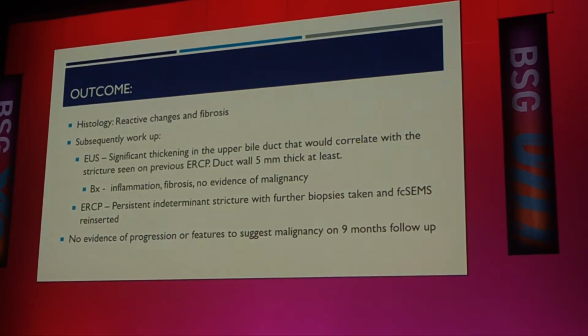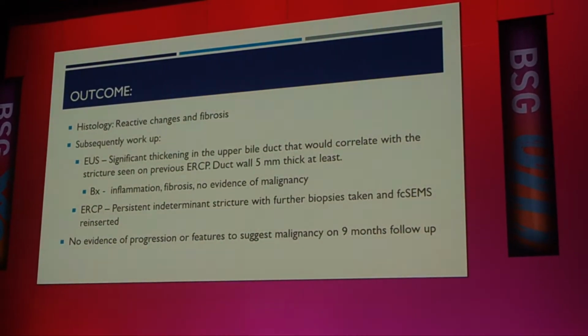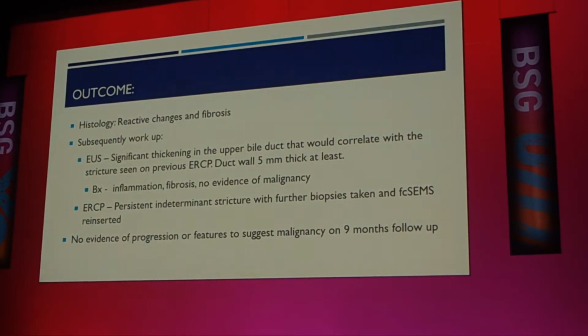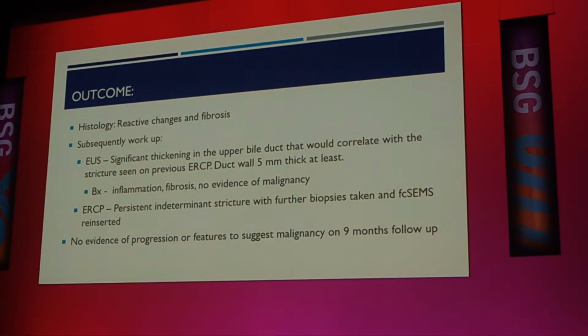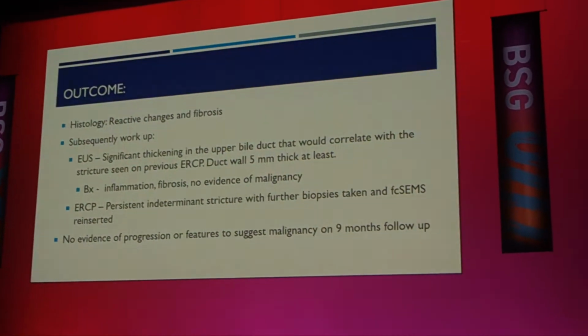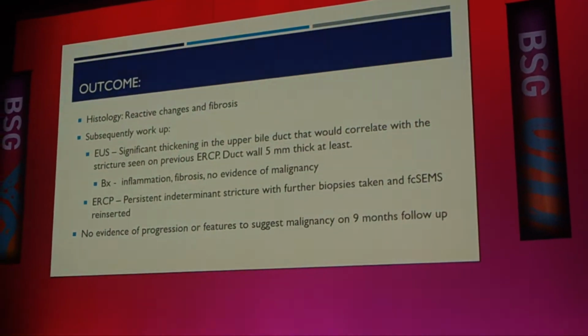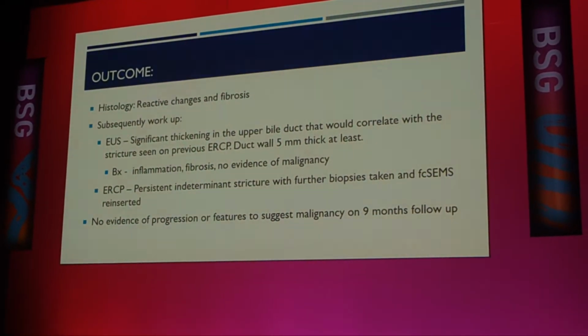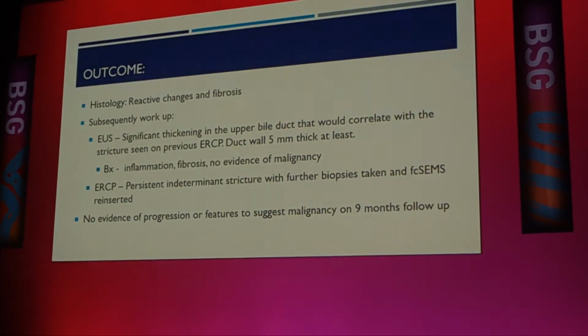He then had a follow-up ERCP for stent removal and stricture reassessment, and that stricture had persisted. He had further biopsies taken at the time, which also showed fibrosis and inflammation, and a further fully covered stent was placed for stricture remodelling. He's had no evidence of progression or features to suggest malignancy over about 9 to 12 months of follow-up now.